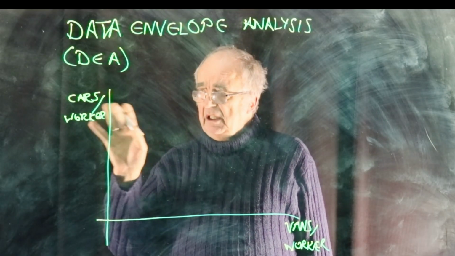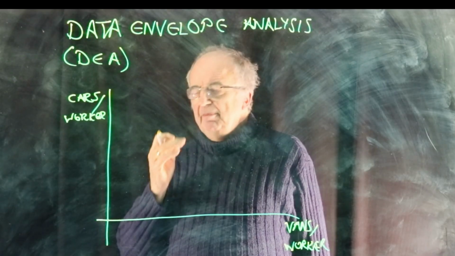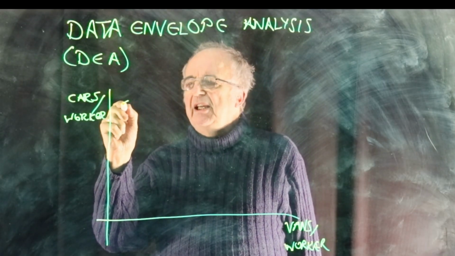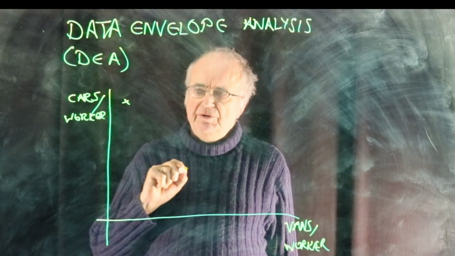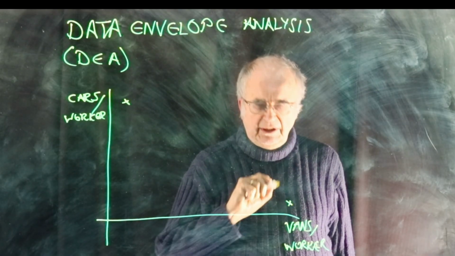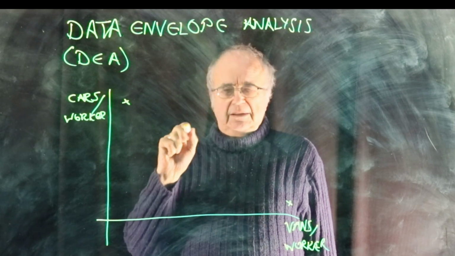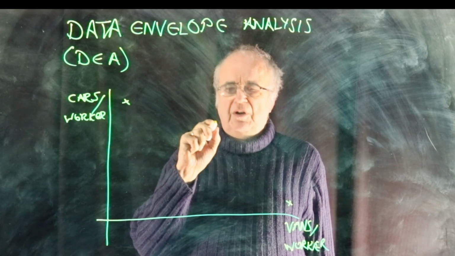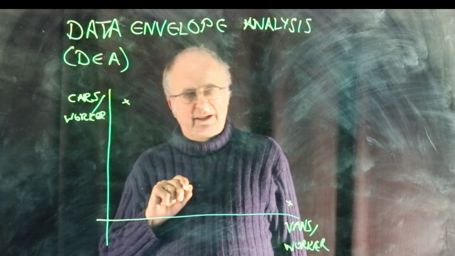We've got cars per worker, vans per worker, and a factory that produces only cars might be over here, producing so many cars per worker. And a factory that produces only vans might be producing so many vans per worker, and somewhere in between, a factory that produces a mixture of vans and cars will be somewhere there.